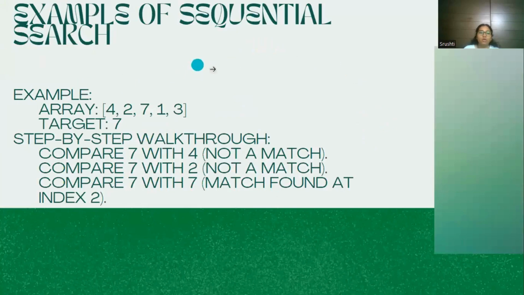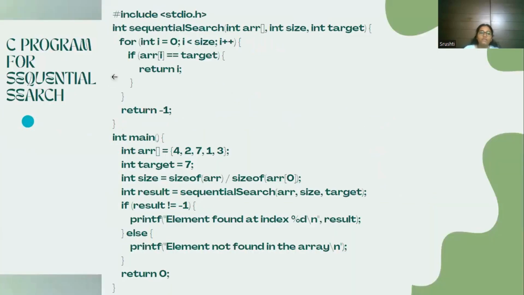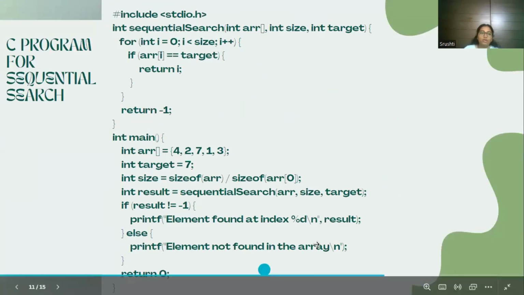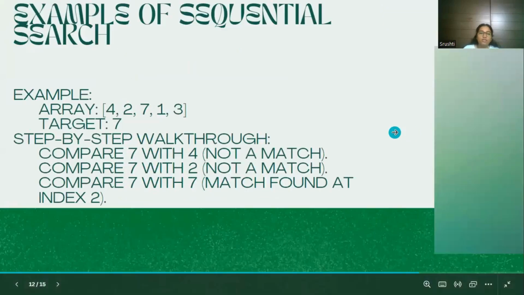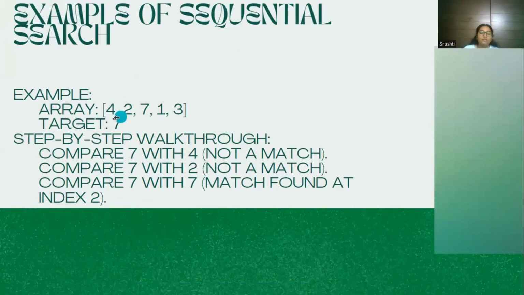Here is another walkthrough of the sequential search. This is the algorithm of the previous program, that is, the C program of sequential search. You can see the array used here is 4 2 7 1 3 and the target is 7. First, we compare 7 with 4, the first element of the array.